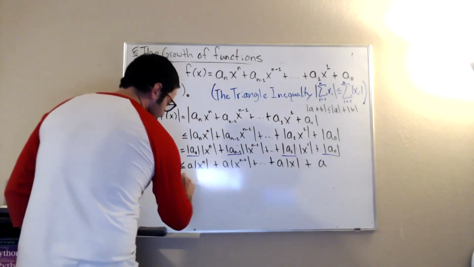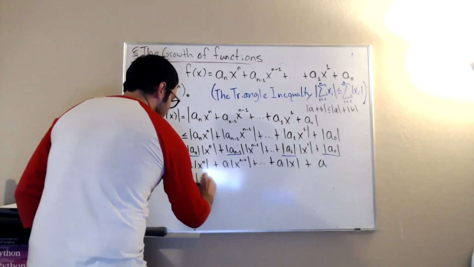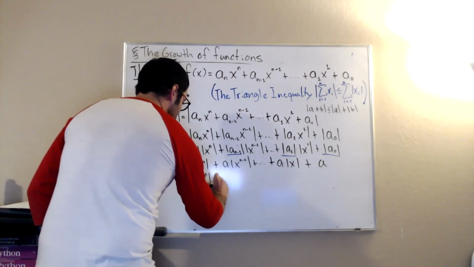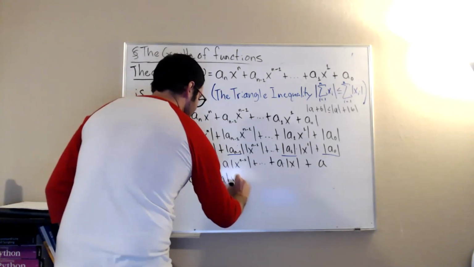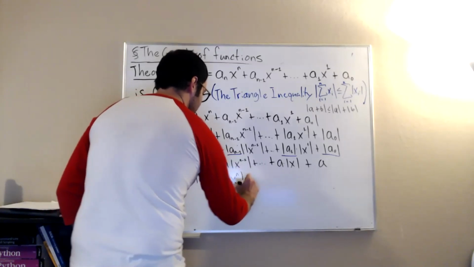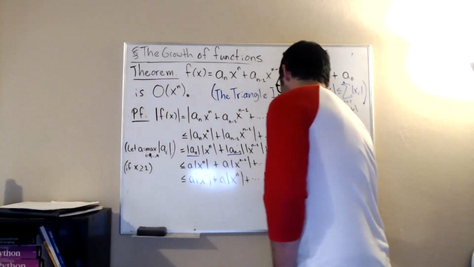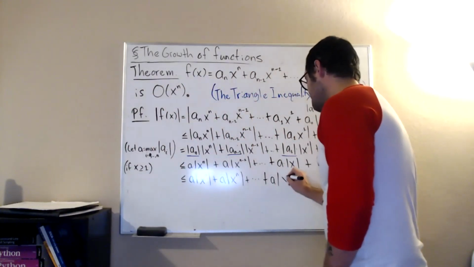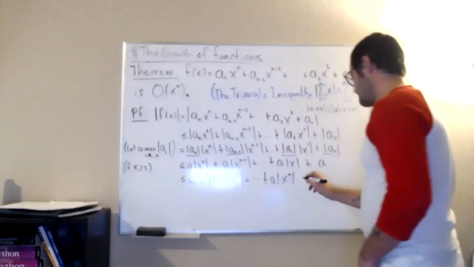So then we can write another inequality: this stays the same, but now that is less than or equal to x to the power n plus dot dot dot plus A, and that is also less than or equal to x to the power n if x is greater than 1.